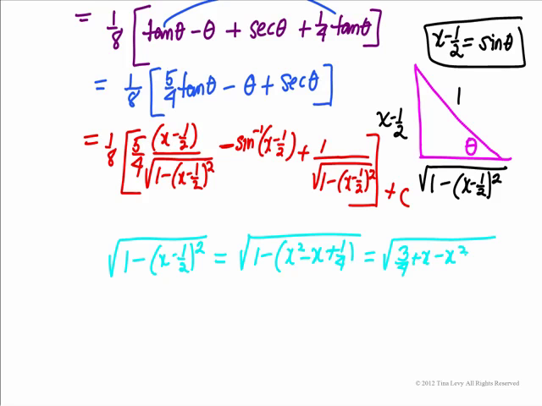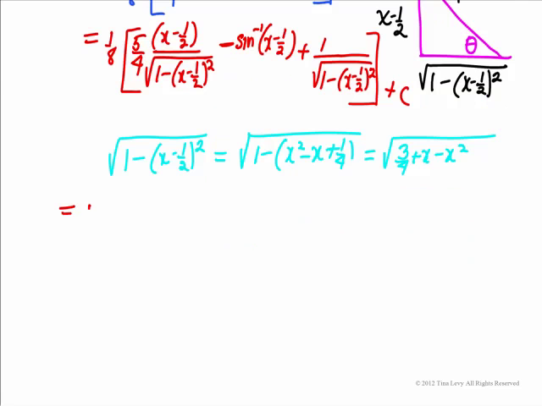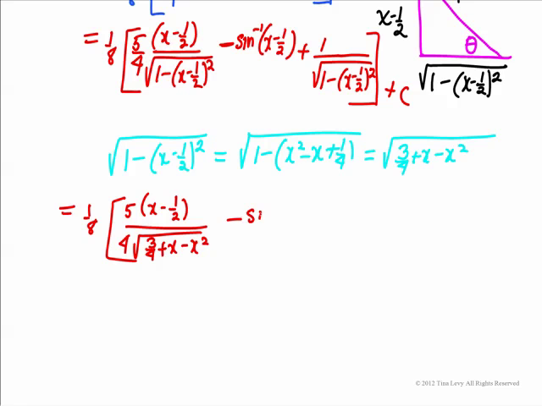So I can simplify the square root that way. Right away in red, I'm going to write the next step. So we have 1/8 times 5 x minus a half over 4 the square root of 3/4 plus x minus x squared, minus inverse sine x minus a half, plus 1 over square root of 3/4 plus x minus x squared, plus c.